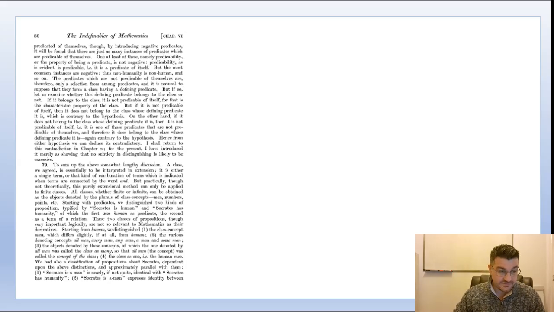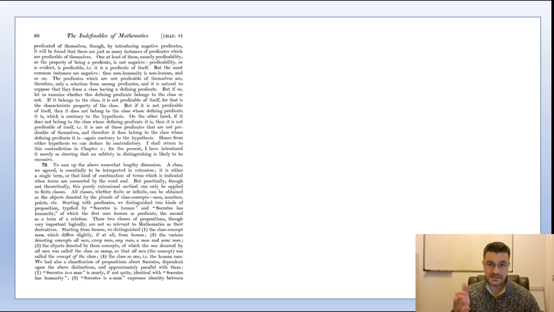So, section 79, and this will bring us to the end of this chapter. To sum up the above somewhat lengthy discussion, a class, we agreed, is essentially to be interpreted in extension. It is either a single term, or that kind of combination of terms which is indicated when terms are connected by the word and. So remember, this word and, it has to connect different terms.